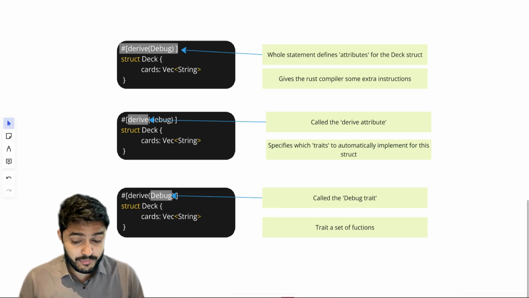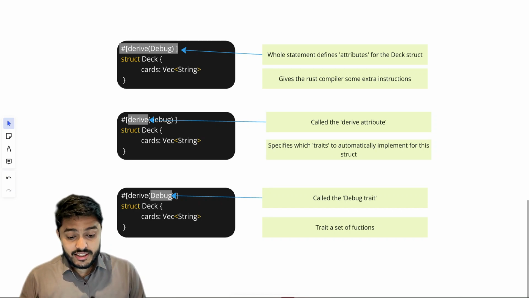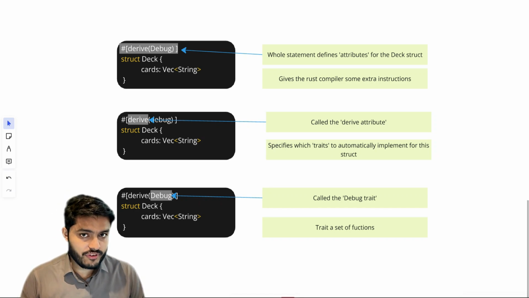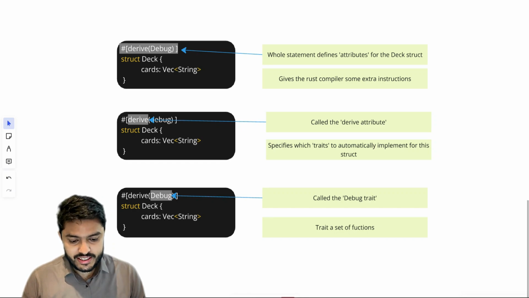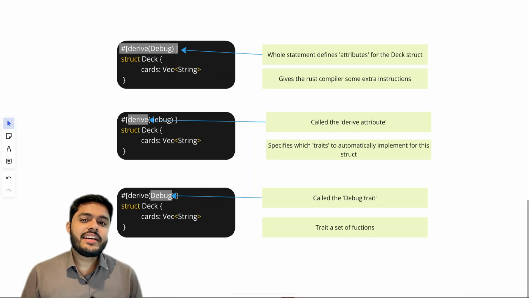The derive attribute tells the compiler that we will be adding some extra functionality to our struct, and the trait of that functionality will be Debug.